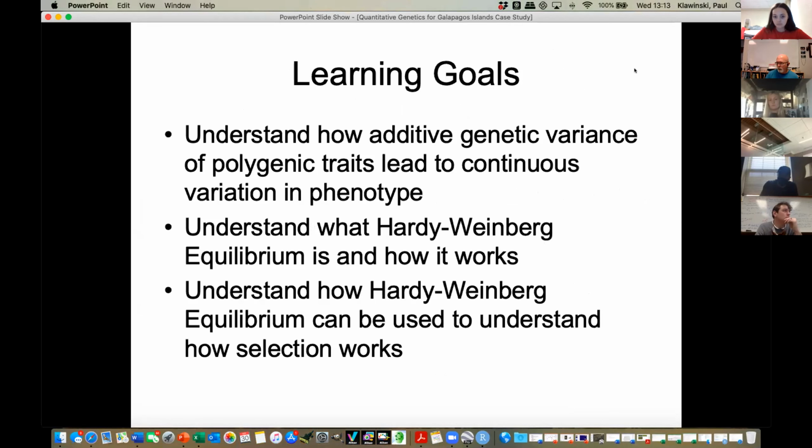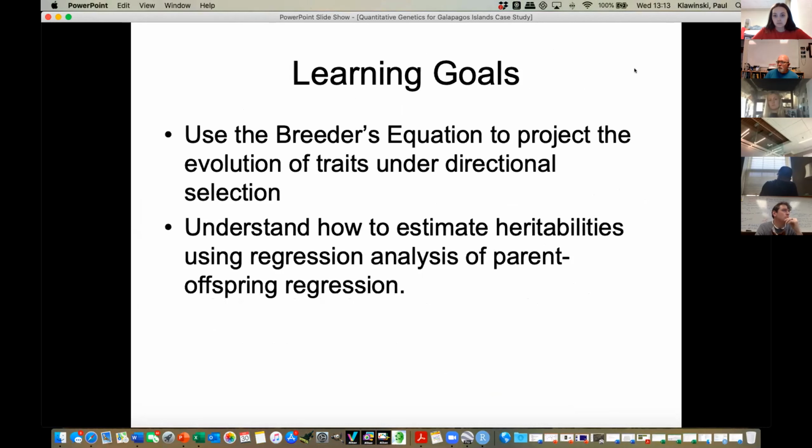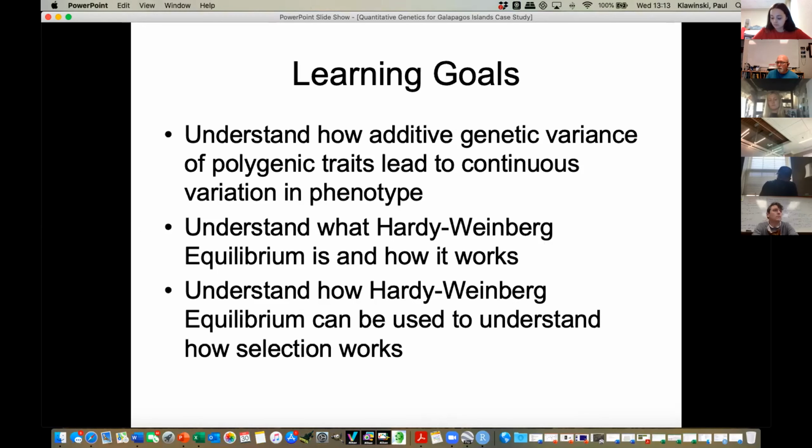So one of the things that we're going to continue to work on is discussing how these additive genetic variants of polygenic traits lead to continuous variation in phenotype. That's what Dr. Judd just went over with you, and we'll revisit that. I'm going to introduce you to an idea called Hardy-Weinberg equilibrium, what it is, how it works, and we're going to look at how we can apply Hardy-Weinberg equilibrium to understand how selection works.